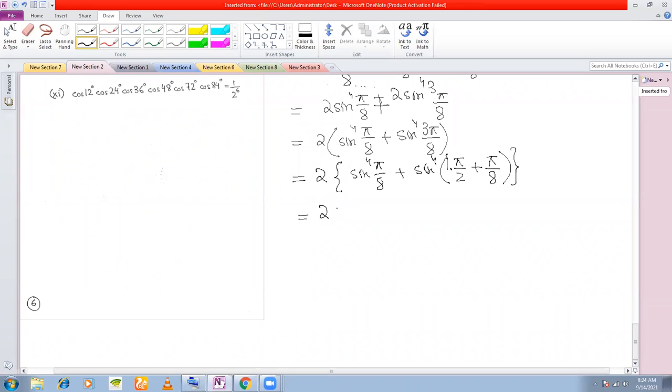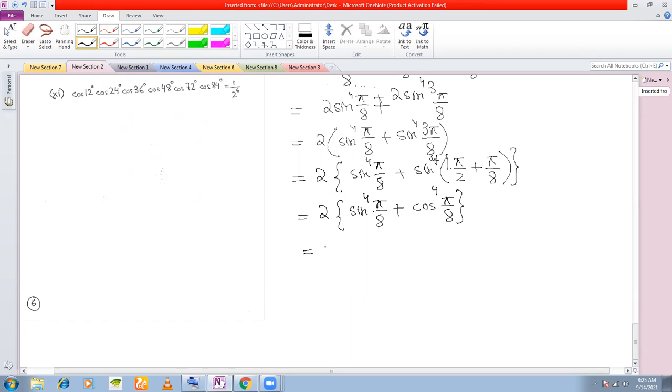So now this becomes sine to the power of 4 pi by 8 plus, now you see that this is an odd multiple, 1 into pi by 2. The sine will change to cos. And which quadrant is this angle in? This is in the second quadrant. So it will be positive. Besides, we also have a power 4. So we should not worry about the negative sign because the even power will make the negative sign positive. So this becomes cos to the power of 4 pi by 8. So now both the angles we have changed to pi by 8.